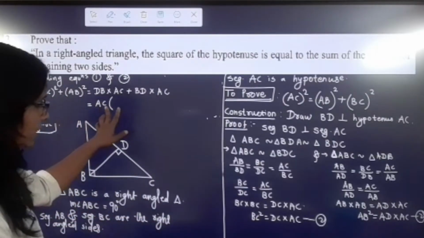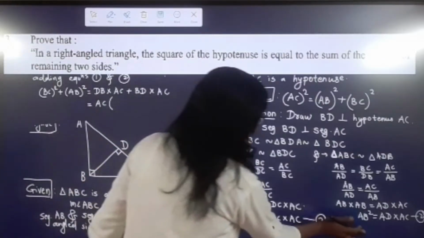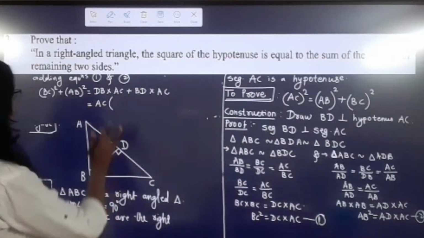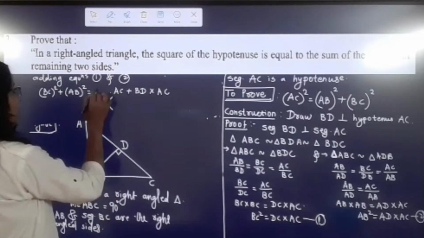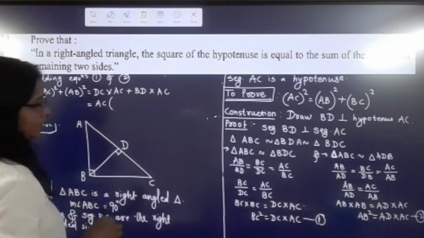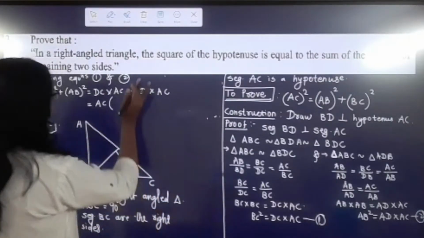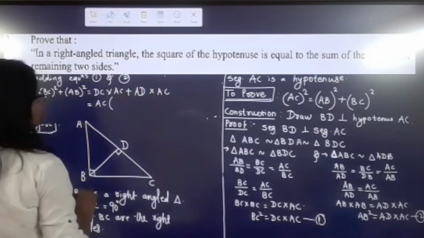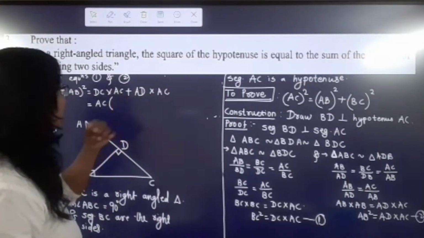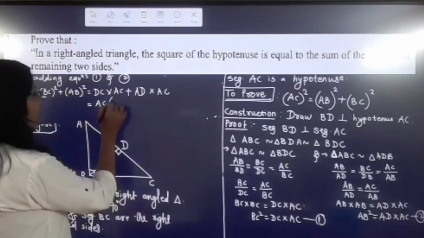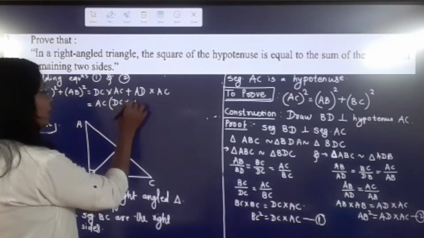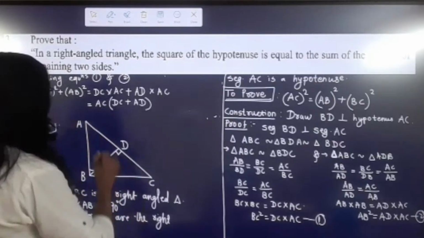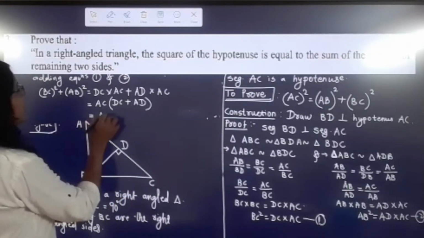Then this one is first here students, DC into AC. So here I write down DC multiply AC and the second one AD multiply AC. So now here students AC and AC are common and then in the bracket DC plus AD. Okay, so see here DC plus AD is nothing but AC.